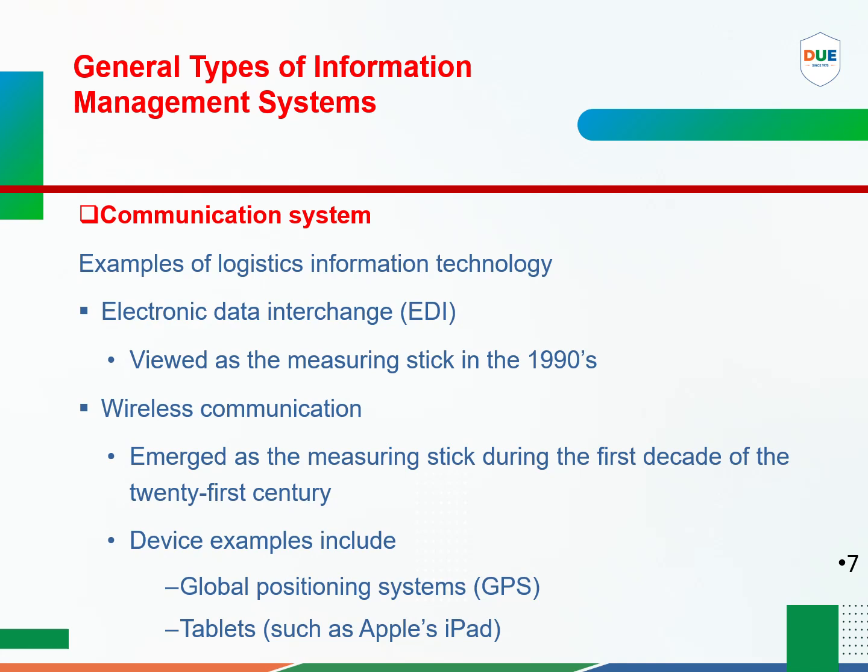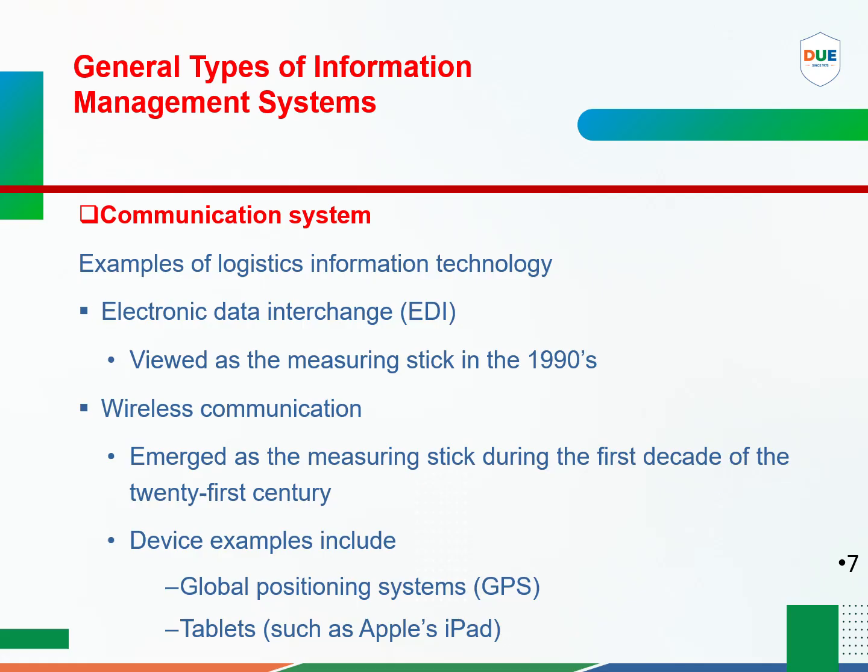With wireless networks and devices, information can be captured and transmitted from trucks, warehouses, ports, and even products themselves. Device examples include global positioning systems, GPS, which allow real-time tracking of vehicles, and tablets such as the iPad, which can be used by warehouse staff or drivers to receive instructions, record activities, and capture signatures.